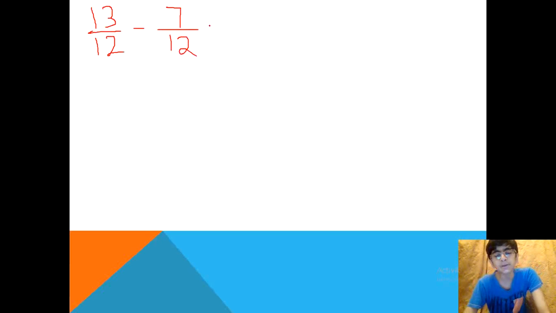Now this is going to be quite easy. In this we also have to just subtract the numerators, which will result in 6. 6 over 12 is the answer.